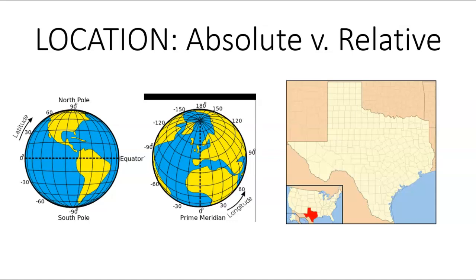When looking at location, you'll want to know the difference between absolute and relative location. Remember, absolute is typically associated with lines of latitude and longitude, so degree points around Earth, and it could also include exact addresses. Relative location, on the other hand, is typically associated with where a place is in relation to other places.